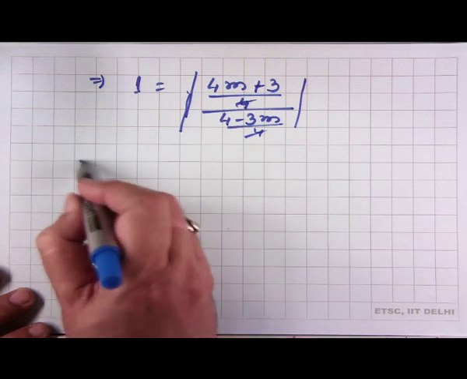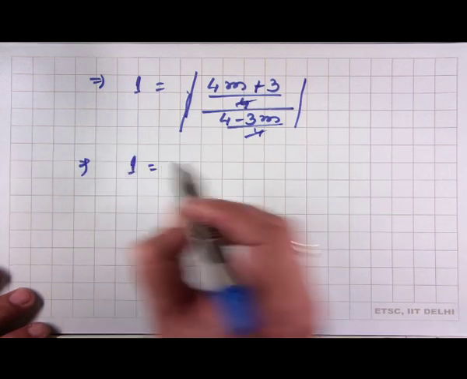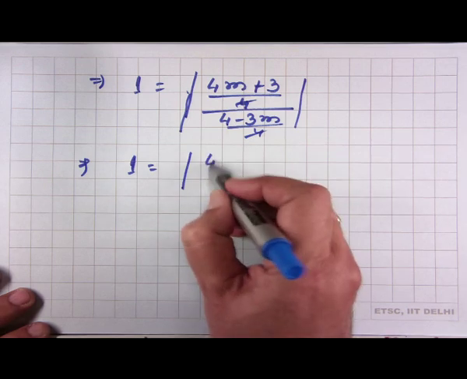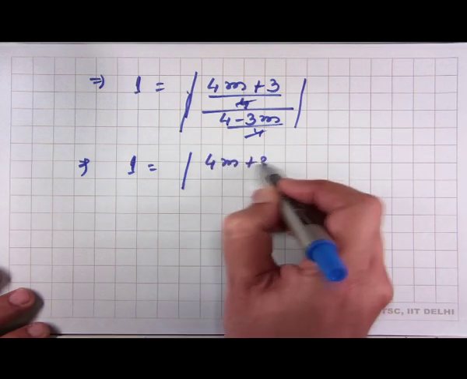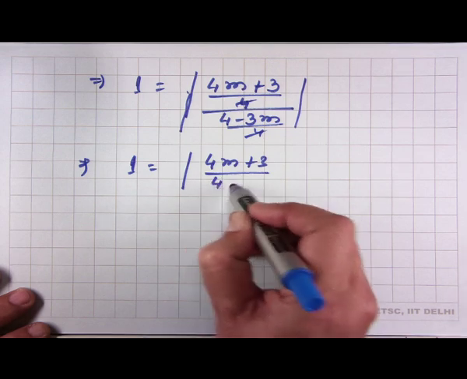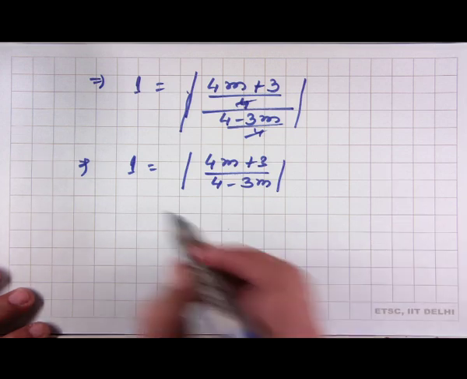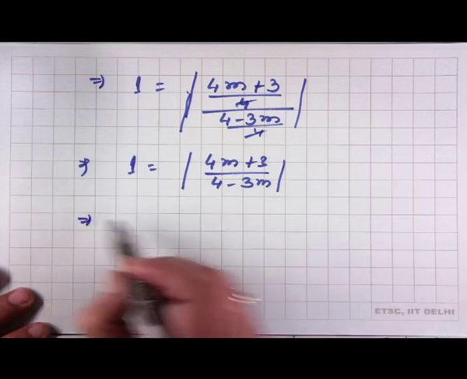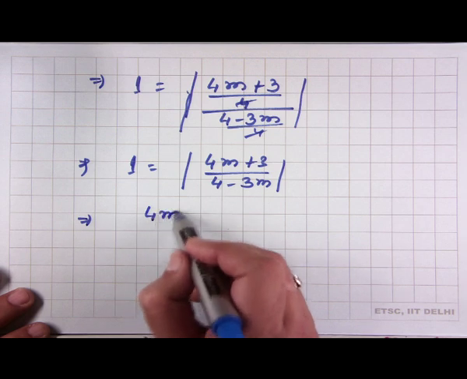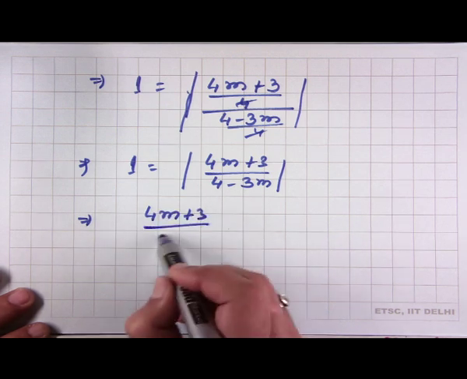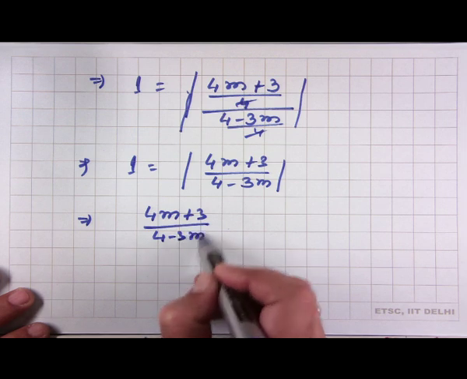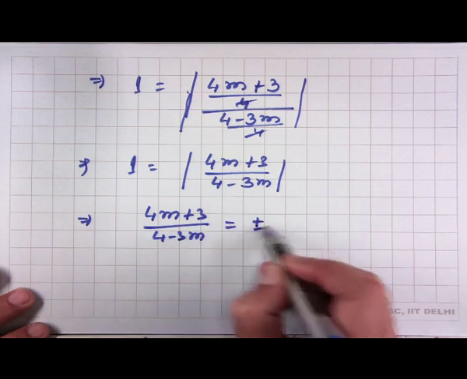Cancel. So 1 is equal to (4m plus 3) by (4 minus 3m). So this implies (4m plus 3) by (4 minus 3m) is equal to plus minus 1.